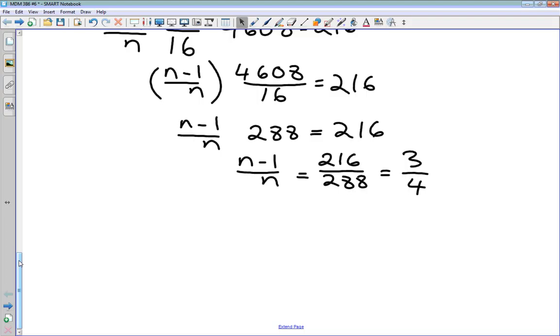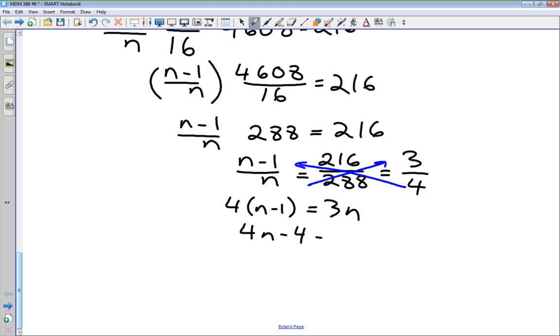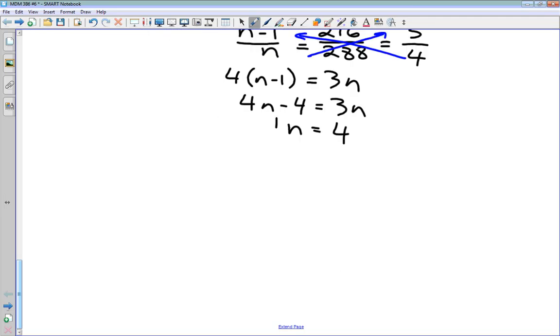If I just cross-multiply, kind of like this, just ignoring that thing in the middle, I get 4 times n minus 1 equals 3n. So 4n minus 4 equals 3n, so n equals 4. Just solving that little equation there.